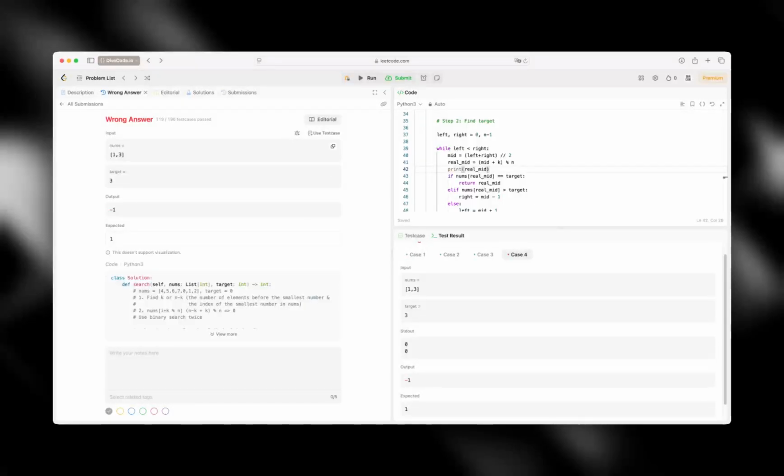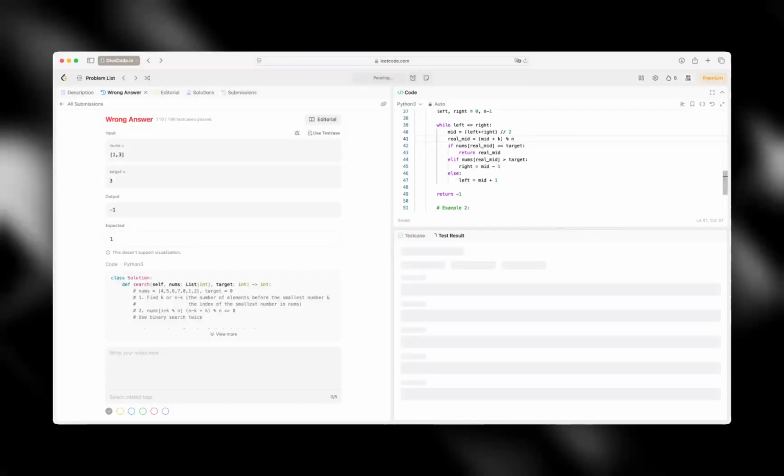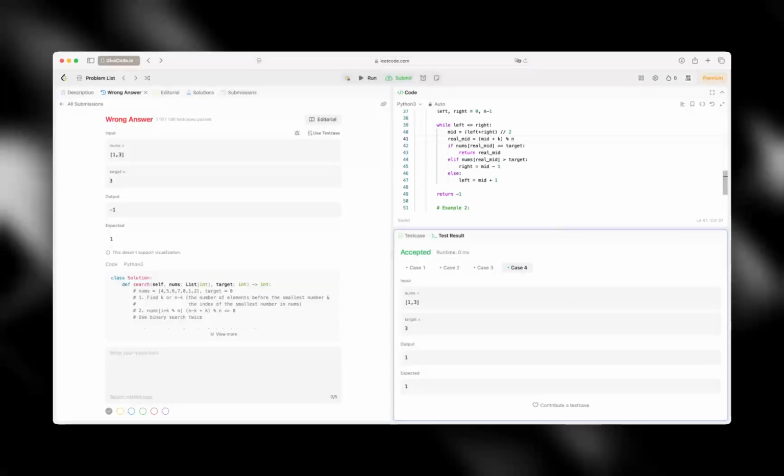If this is the target, we return it. Else, oh, that's a simple problem here. Yeah, it's just because we should not end up here. Now it should work because we should go up until, yeah. We can have a singleton here.